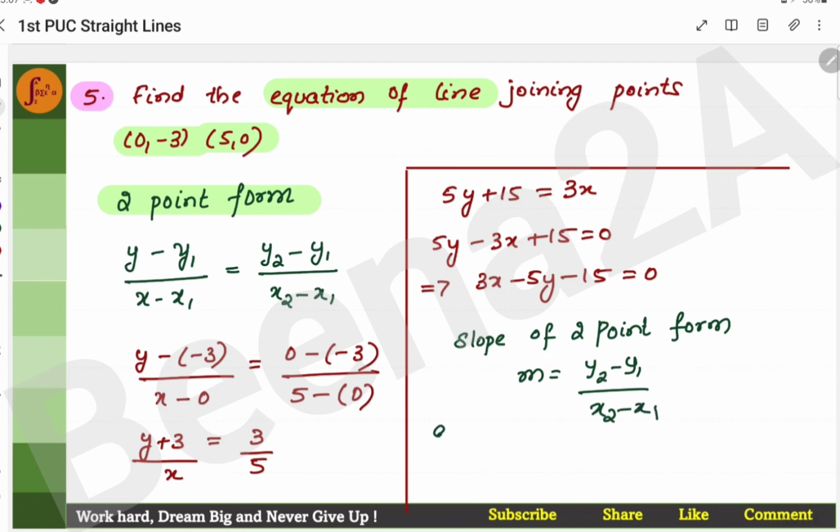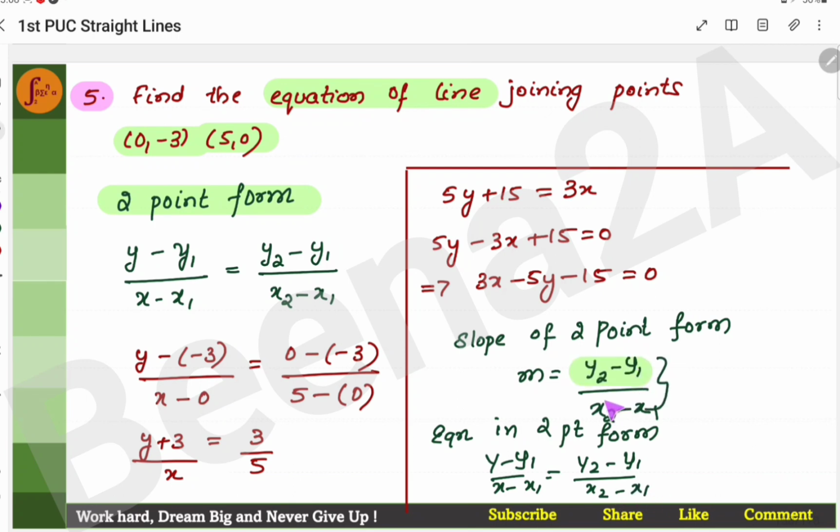Now if you have to find equation in 2-point form, I'll have to write y minus y1 by x minus x1 is equal to y2 minus y1 by x2 minus x1. Now this portion is going to remain same, right? Here instead of slope, you're going to put this generalized equation x and y with one of the coordinates y1, x1. So this you have to remember the difference, right?